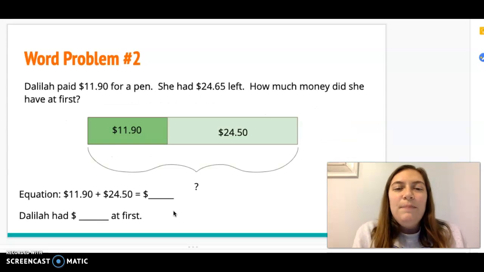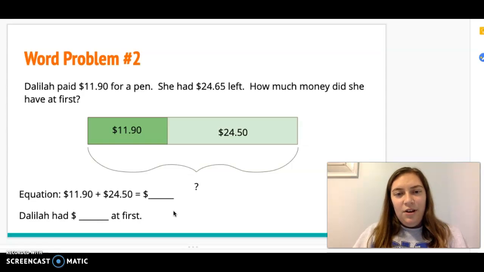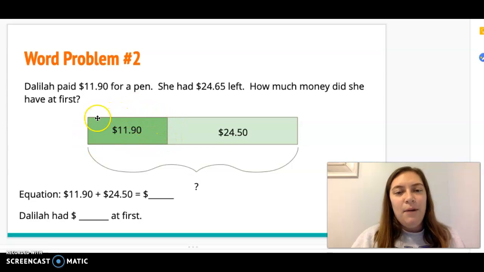Okay, word problem number 2. Delilah paid $11.90 for a pen. She had $24.65 left. How much money did she have at first? So let's say this represents the pen that we bought. This is a part-whole model.